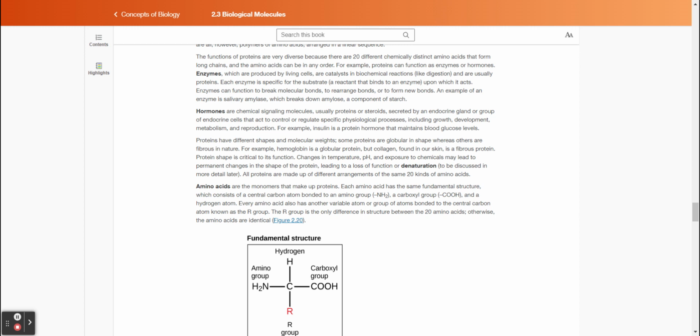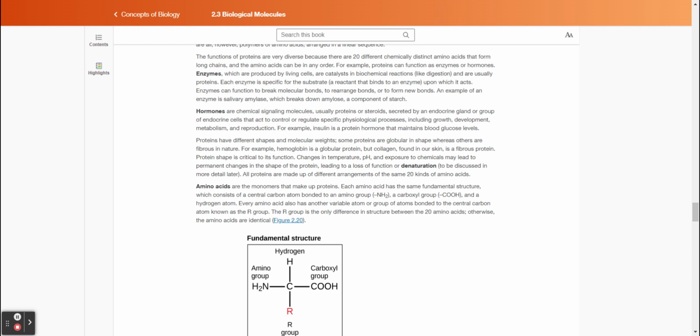Each enzyme is specific for the substrate, a reaction that binds to an enzyme upon which it acts. Enzymes can function to break molecular bonds, to rearrange bonds, or to form new bonds. An example of an enzyme is salivary amylase, which breaks down amylose, a component of starch.